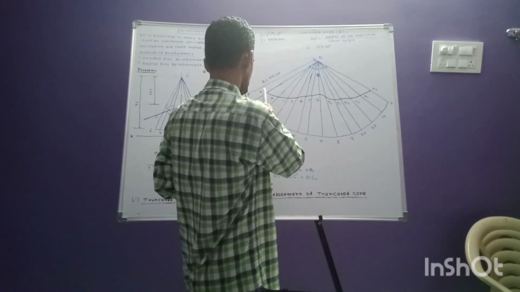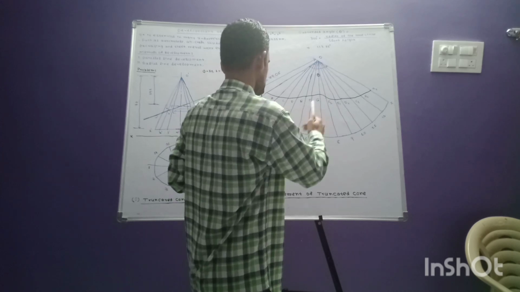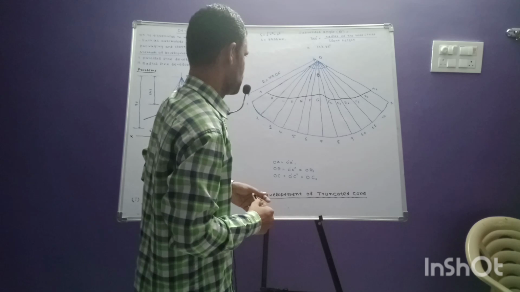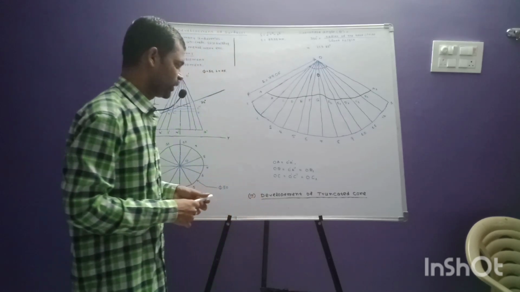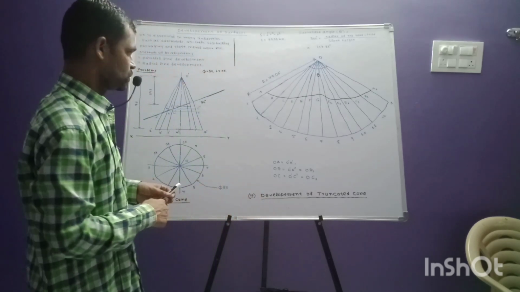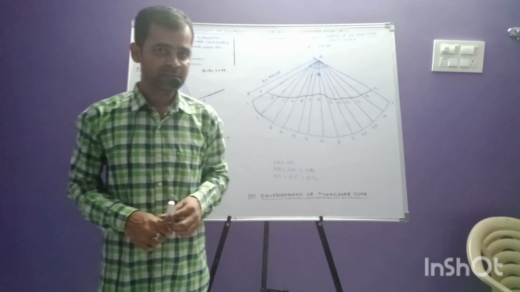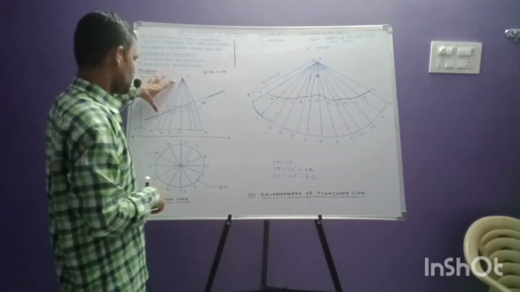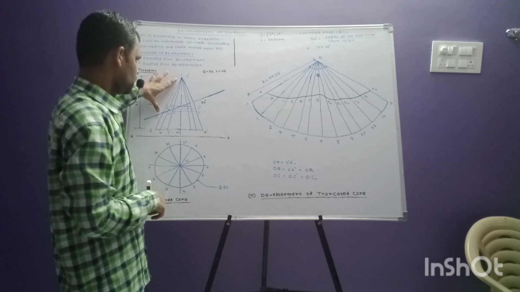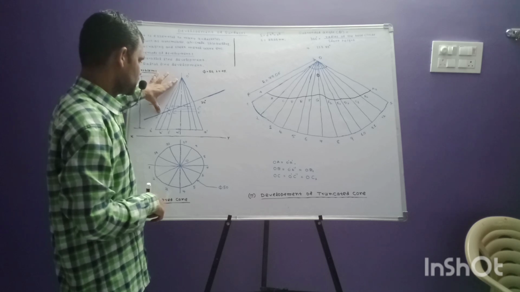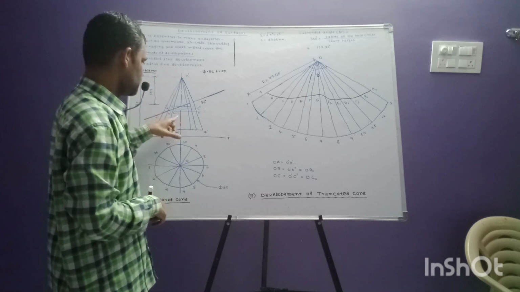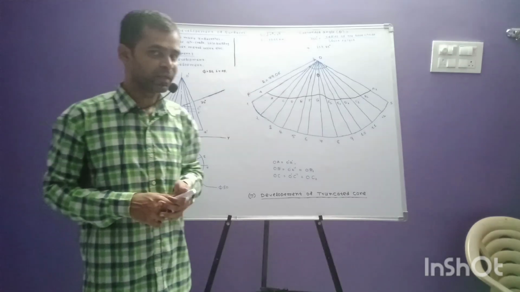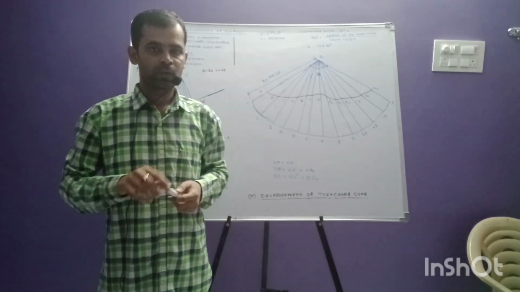Once you have finished this, the same procedure is followed for the remaining half. This is how we have to take the distances. Simply, the true length can be obtained directly on the outer generators, but for the inner ones we have to take the distance parallel to the base and draw it to the outer generator.